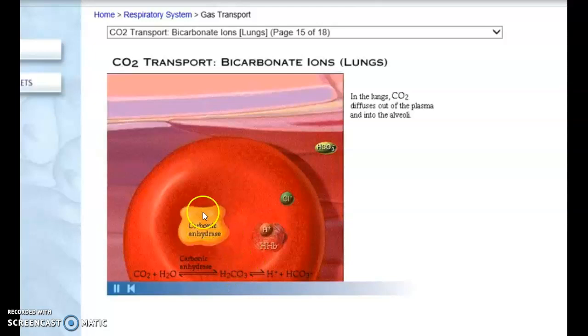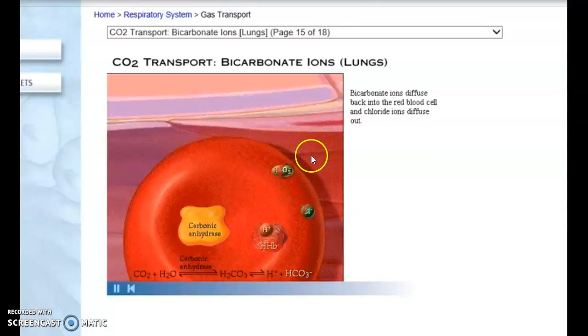Our enzyme helps break it down. Now we have water and carbon dioxide. Now carbon dioxide can leave. We can exhale it. We see our bicarbonate ion has come back in, so now our chloride is leaving. Okay, diffuse back in, chloride is gone. But now it can't stay in this form, so it has to join with this proton.